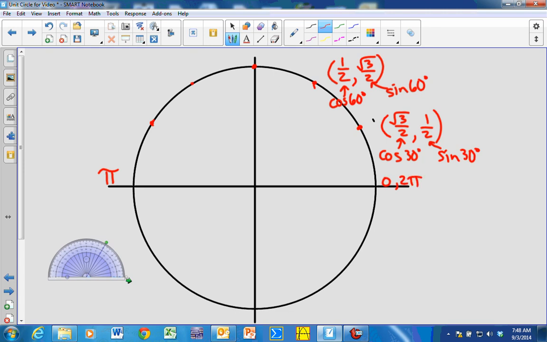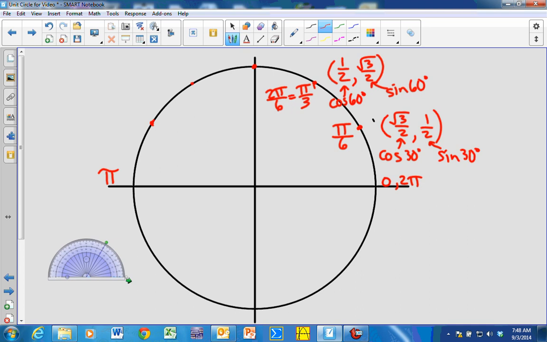So one revolution is 2 pi in radians. So halfway around is pi. That means if I've divided it into 6 equal parts, this angle must be pi over 6 in radians. And that means this must be 2 pi over 6, but 2 pi over 6 simplifies to pi over 3.